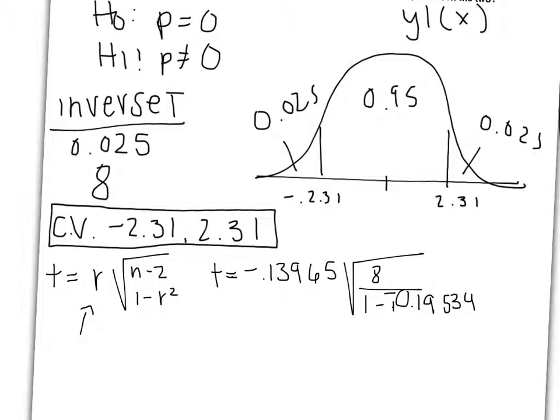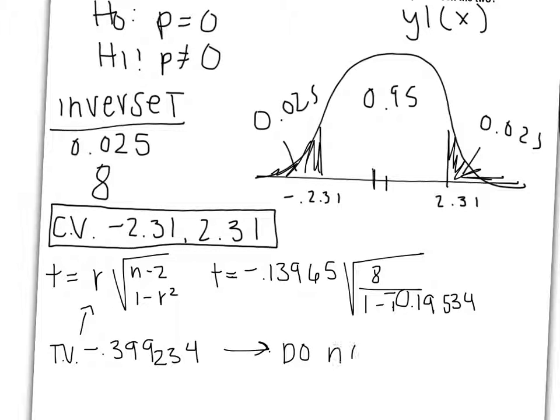And then when you enter this into your calculator, you'll get a test value of negative 0.399234, which falls not within the shaded area that you're trying to find in this hypothesis test, meaning that you do not reject.